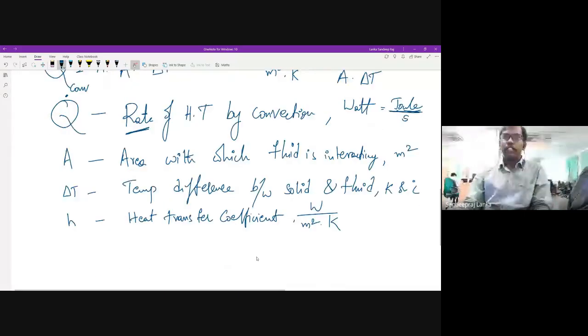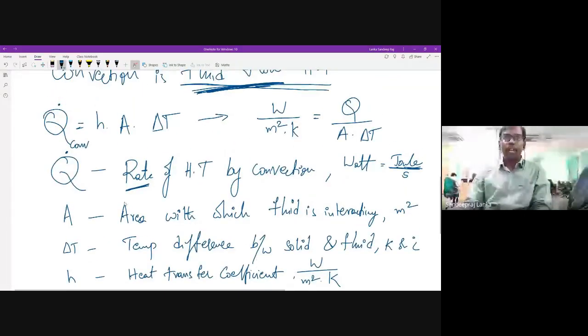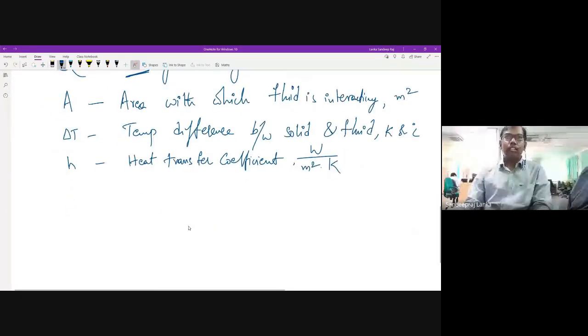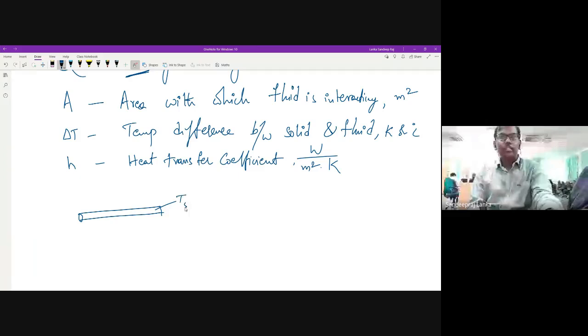Okay, this is the thing regarding your mathematical expression, and each expression you have to remember how you take it up. Now let me show the same expression with an example. Let us take a rod here. This rod is at 100 degrees centigrade. The rod temperature, let me take it like TS, is 100 degrees centigrade.